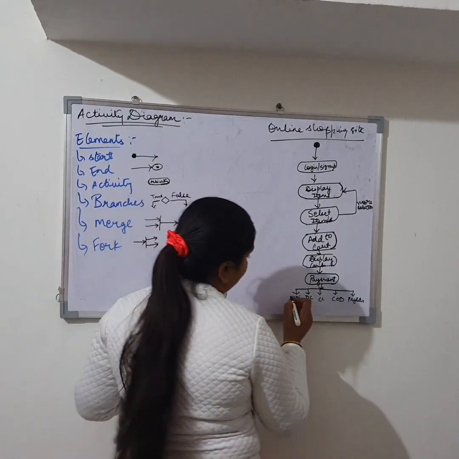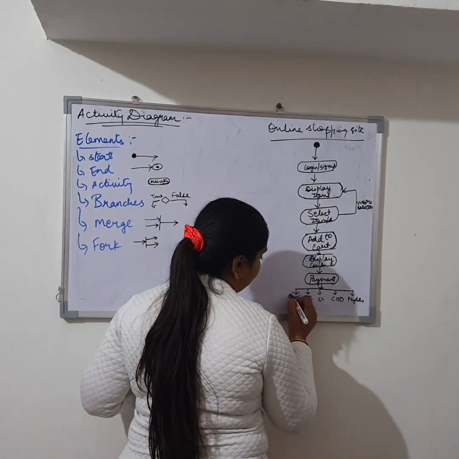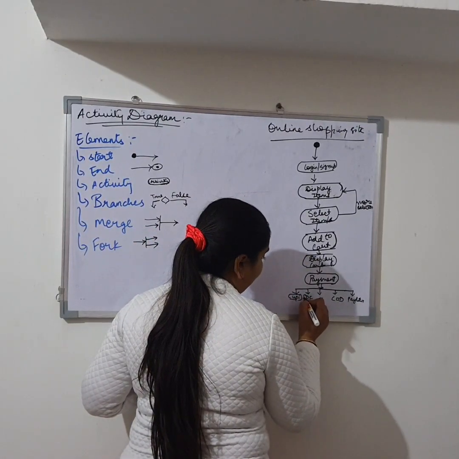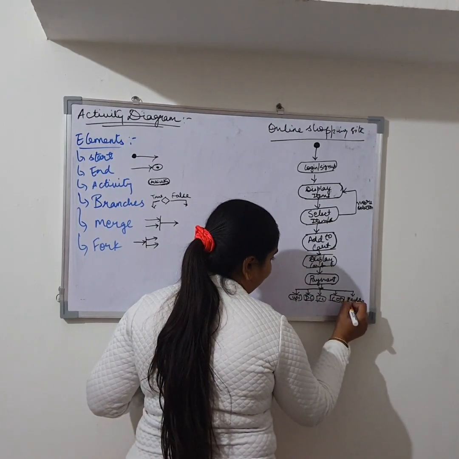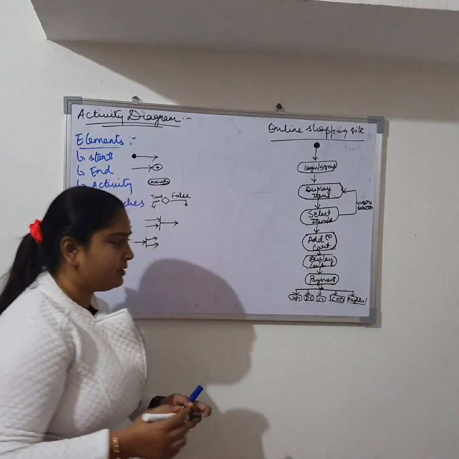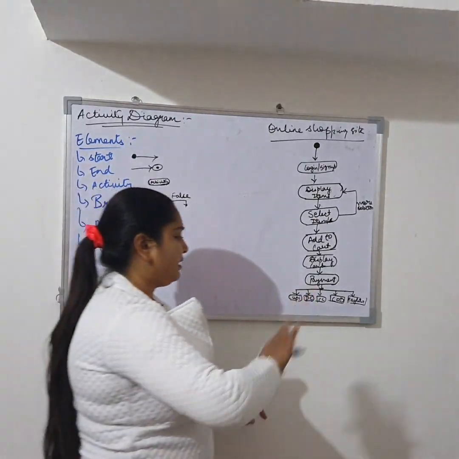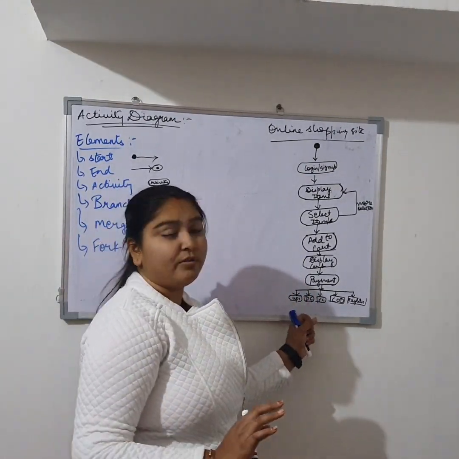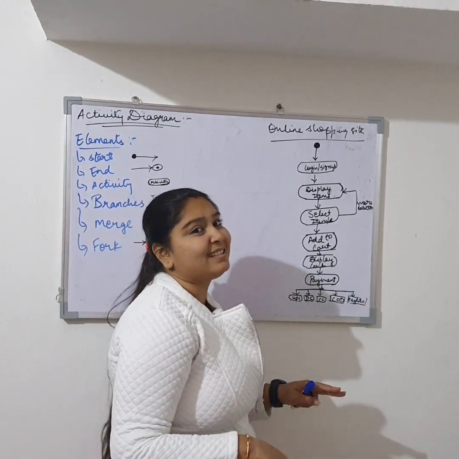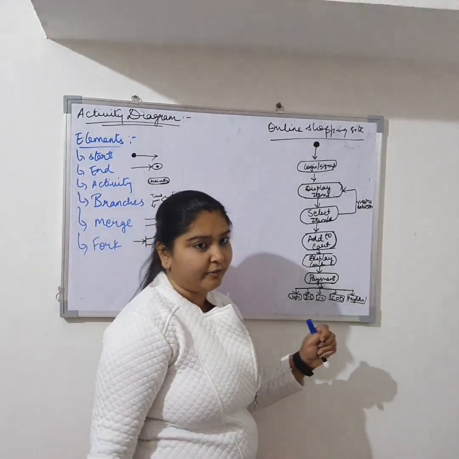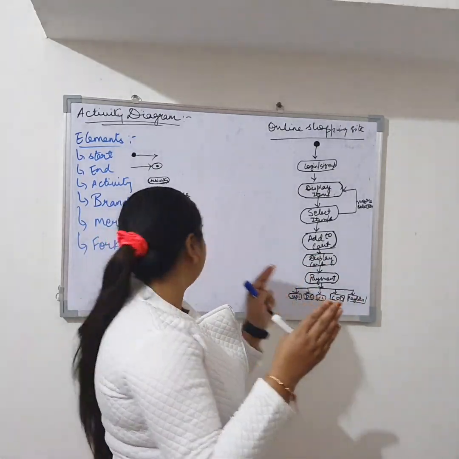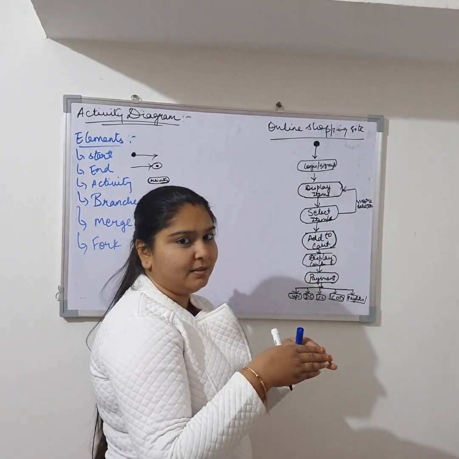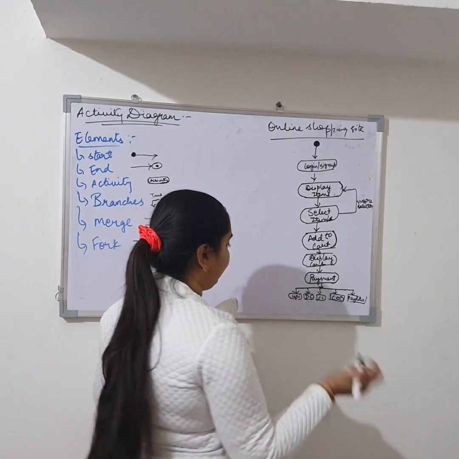So many options we get nowadays. I cannot draw a good symbol, so I am just drawing a rectangle. So here I used fork, but lastly the order gets confirmed. All these things get merged into one, that is order confirmation.